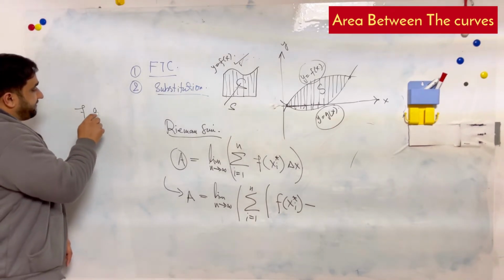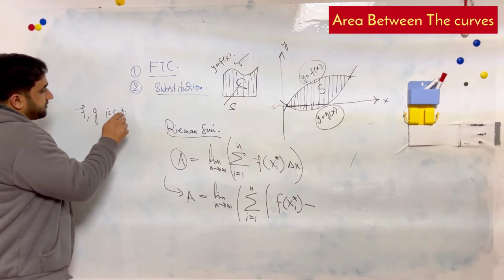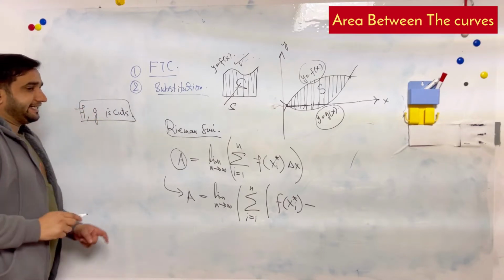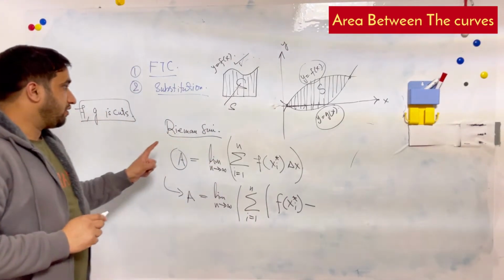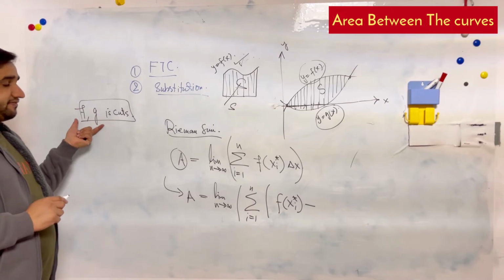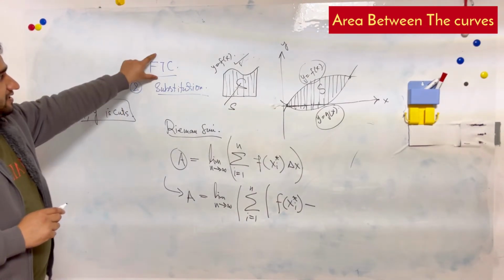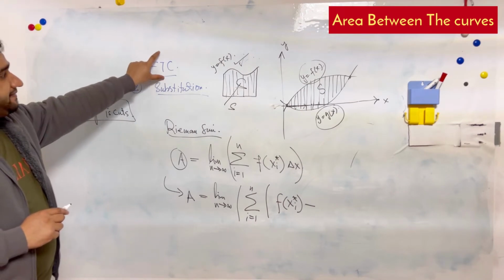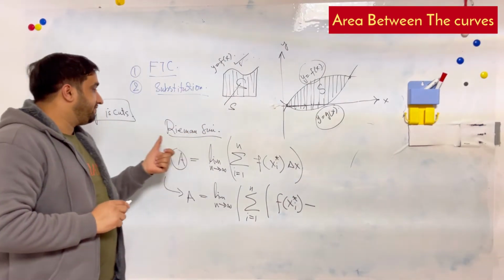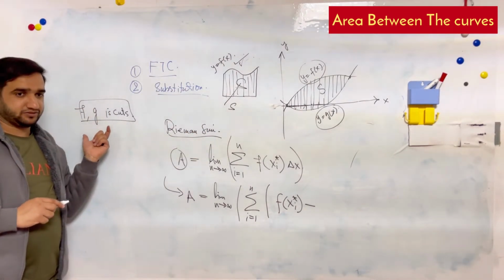So for the area between the curves, for these f and g, there is a condition: the functions f and g are continuous. In integrals, we always talk about the continuity of the function which you are putting under the integral because of the FTC. FTC is violated if any of the functions is not continuous.